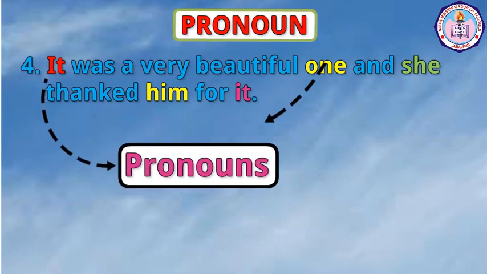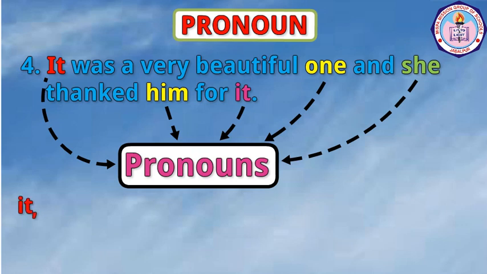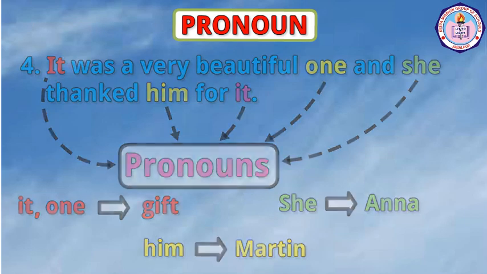In the fourth sentence, it, one, she, him, and again it are the pronouns. Here, the first and the last it and one stand for gift. She stands for Anna and him stands for Martin.